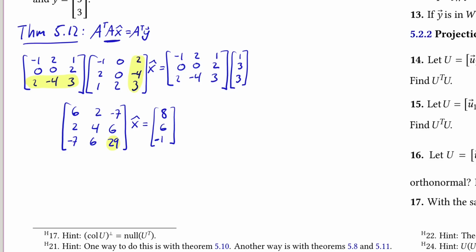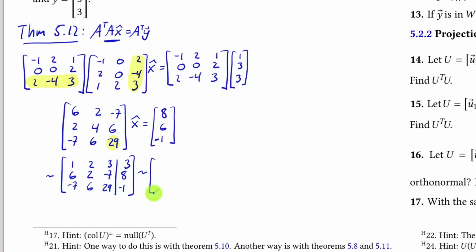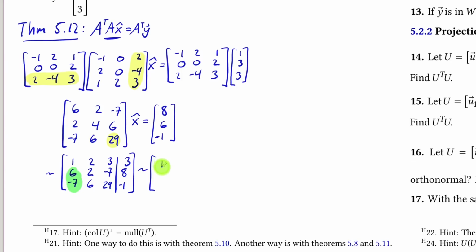I'm going to start by scaling row 2 and moving it to the first row. So that will be 1, 2, 3, 3. And I'll leave the other rows alone. Then we can clear the 6 and -7 by adding multiples of the first row to rows 2 and 3, leaving row 1 alone.